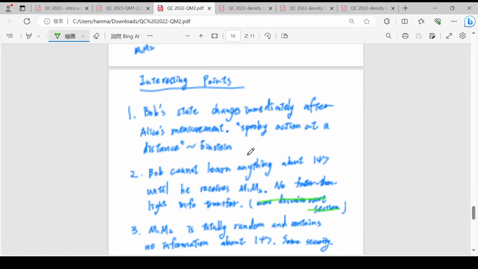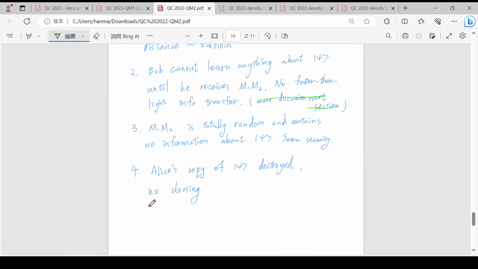So you can break quantum information into two parties, and neither Alice nor Bob knows anything about psi, but once they combine their information, they can recover psi perfectly.